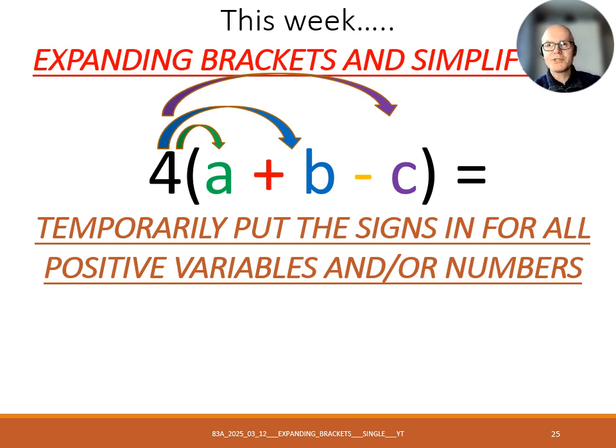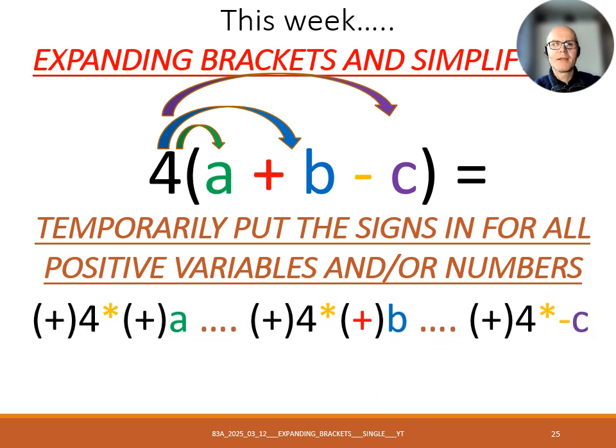Let's put positive signs back in so that we know what resultant sign is going to be. So we've got positive 4 times positive A, positive 4 times positive B, and positive 4 times negative C.